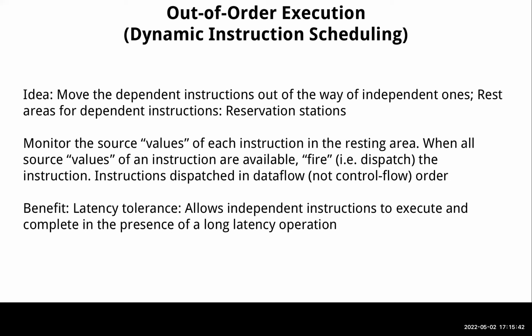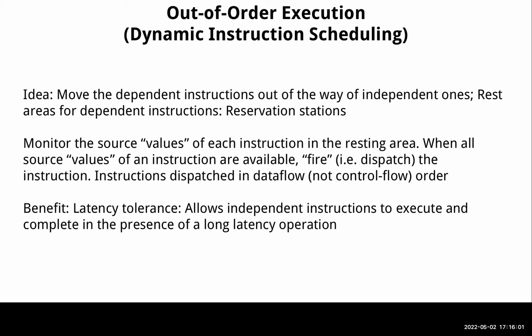Out-of-order execution is also called dynamic instruction scheduling. The idea is very simple. We move the dependent instructions out of the way of the independent ones, then we can execute the independent ones first.